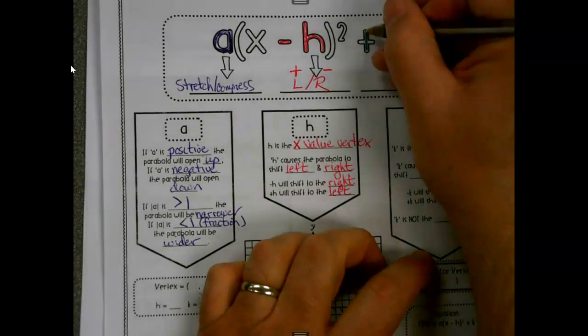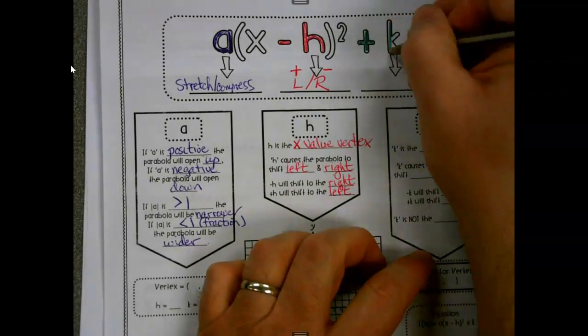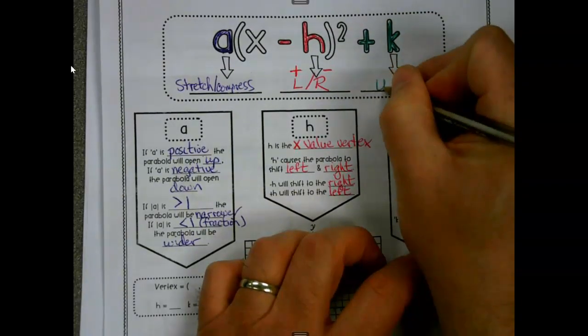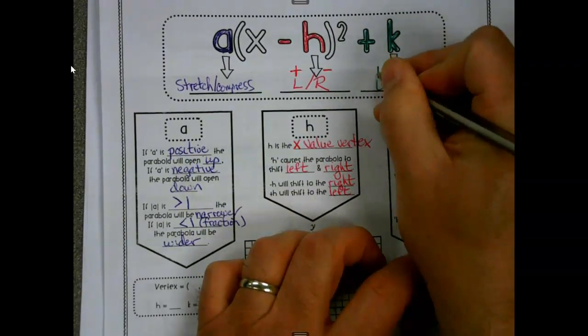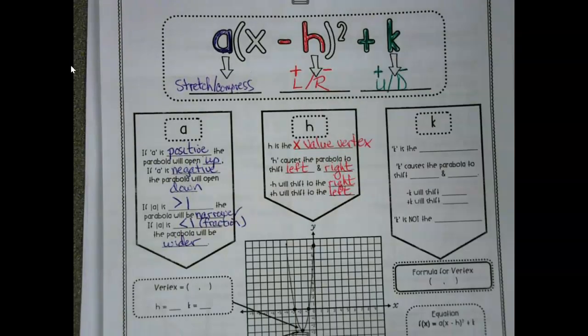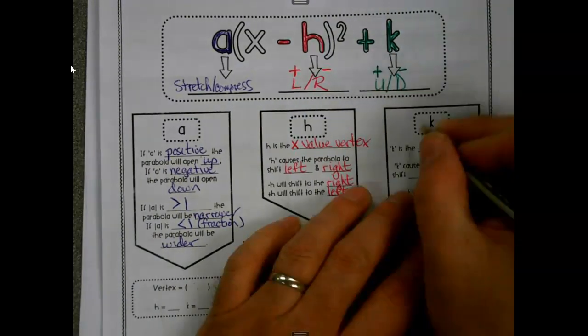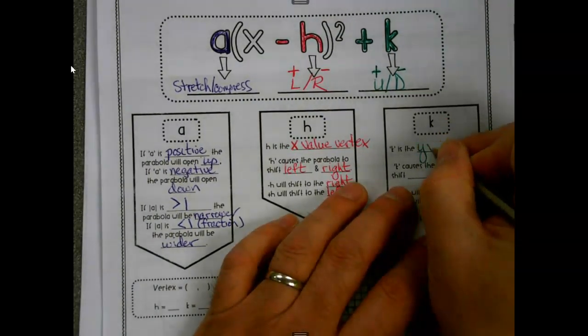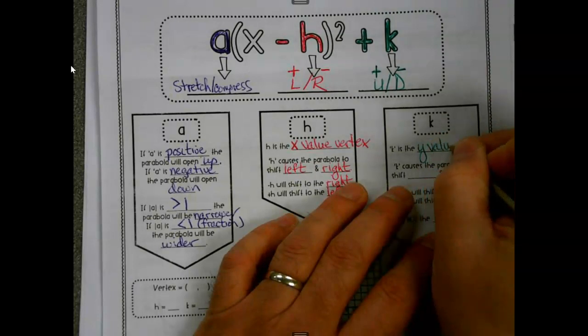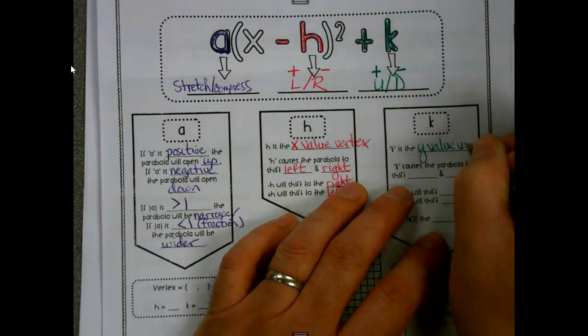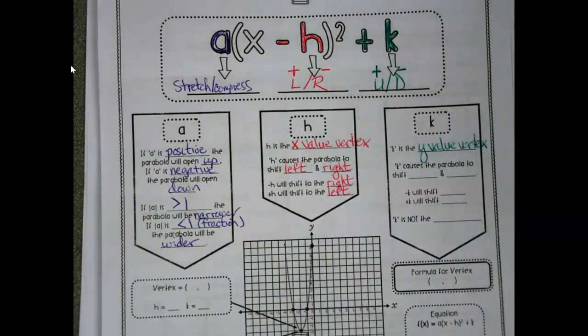And then finally, my plus k is my up and down shift. It also is the y value of my vertex.